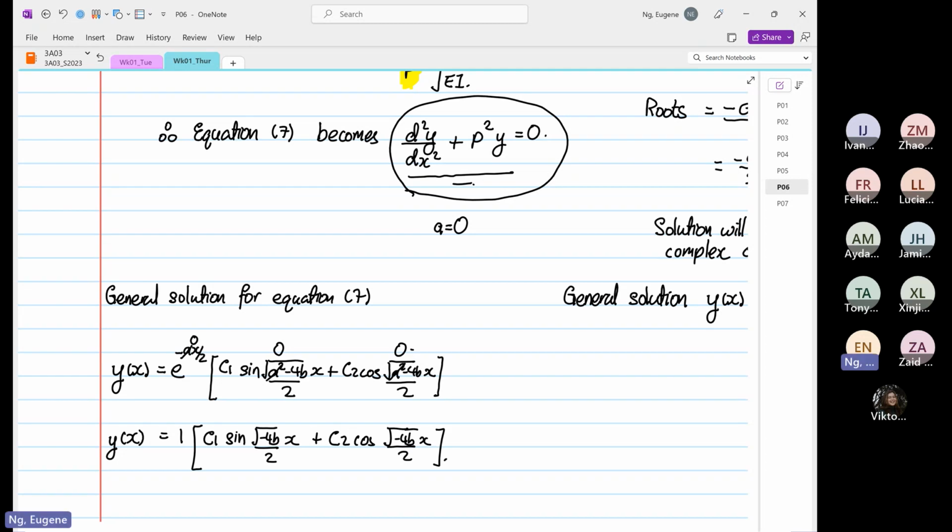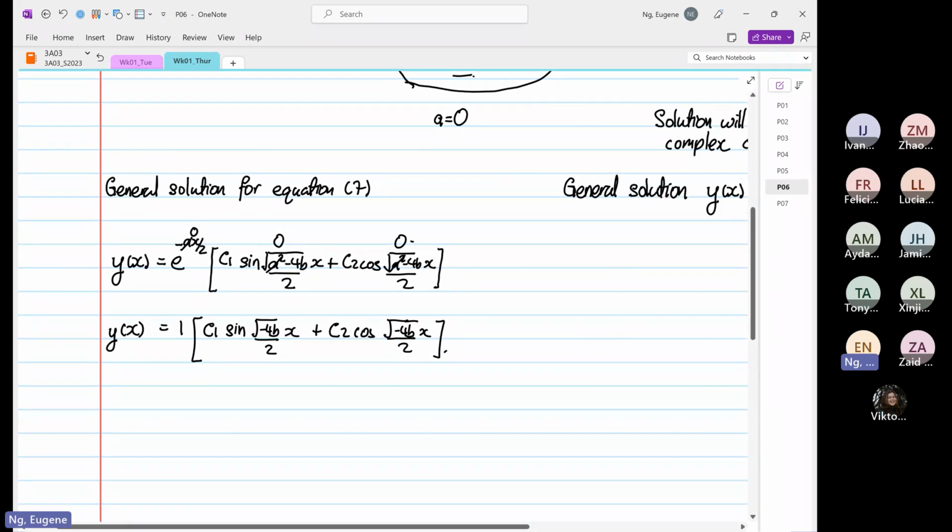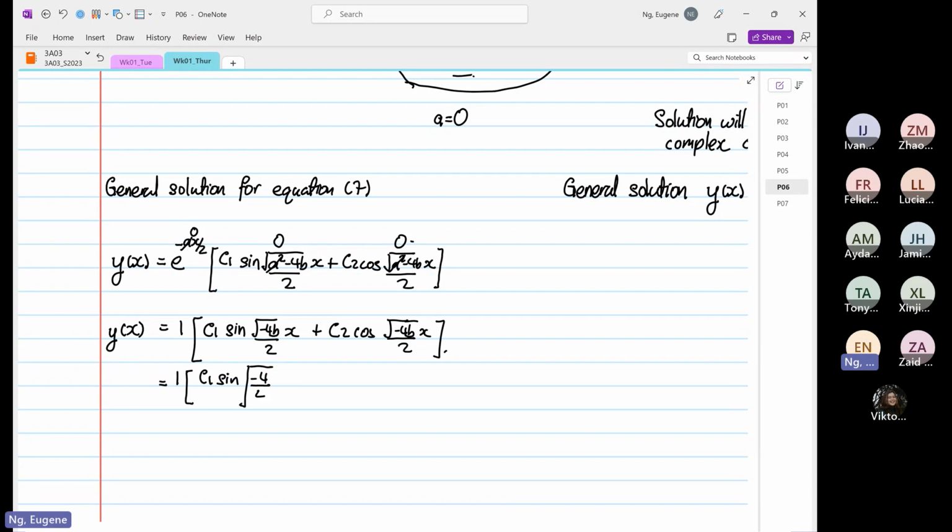So if we introduce the 2 into the square root, I will not skip steps. I want you to see this properly. You have C1 sine. Now I bring the whole square root, so minus 4 divided by 4, b x, plus C2 cos of the square root of minus 4b over 4, x.